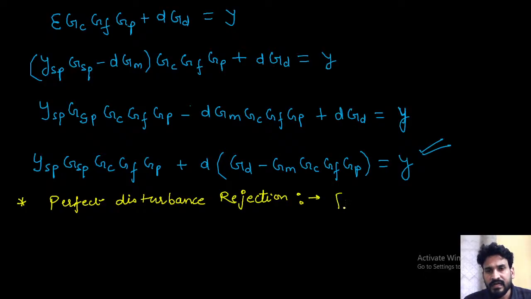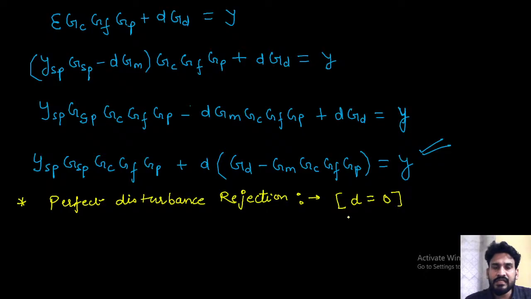So this is saying that my D should be 0, meaning the disturbance should be 0 in the process. Process should not feel the disturbance. In the input stream there is a disturbance, but my process should not lose its steady state. I hope it is clear to you.